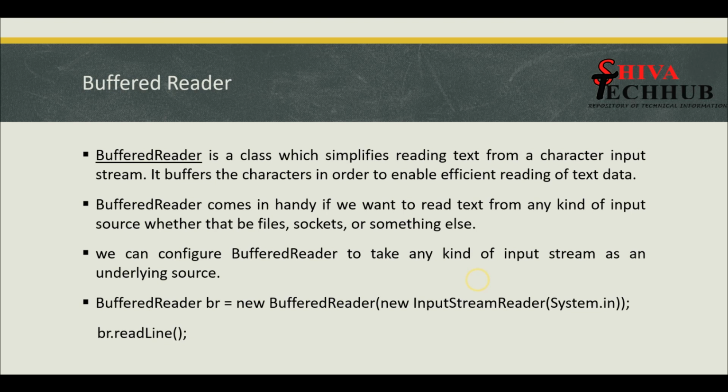And what are the scenarios where buffered reader can be used? For example, these are some of the scenarios that we are seeing here. The first scenario is, for example, for reading files and also for reading some data from the socket or any other things. Okay, so normally in most of the scenarios, we can use buffered reader.